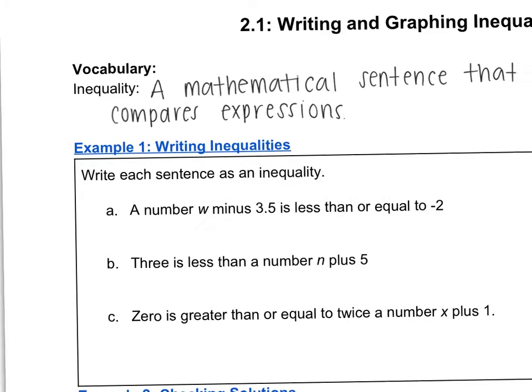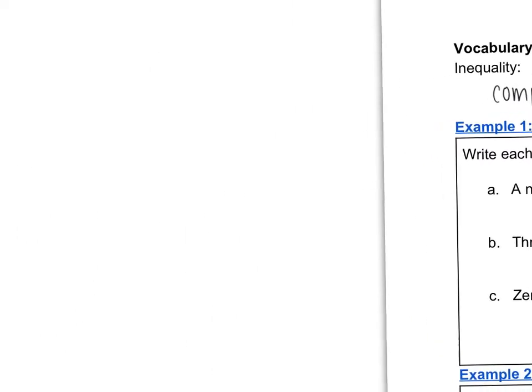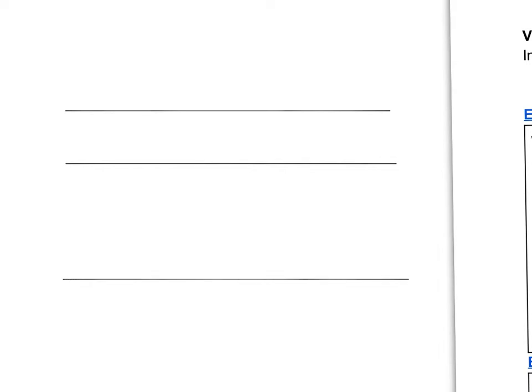So I want you guys to turn to the front cover of your packet. We're going to make a little chart here, and we're going to talk about all of our inequality symbols, okay? I need 3 columns. The first one doesn't need to be that big. I'm going to leave a lot of space for the second column. And then the third column doesn't need to be that big.